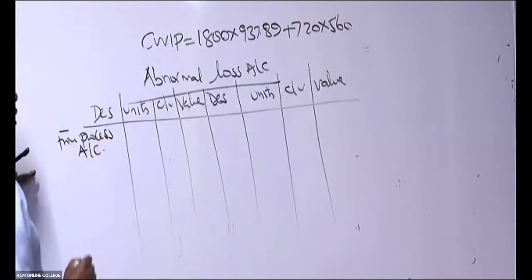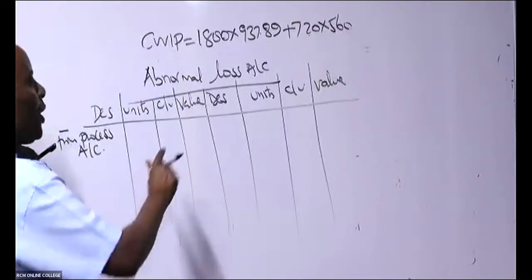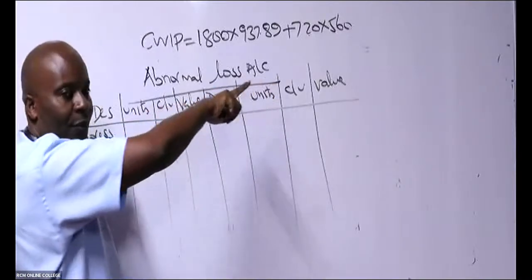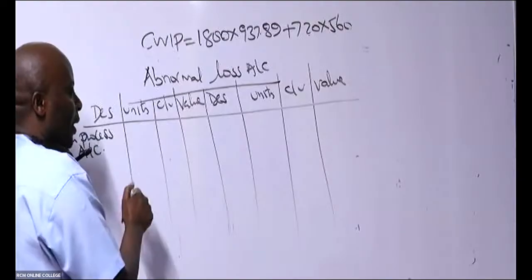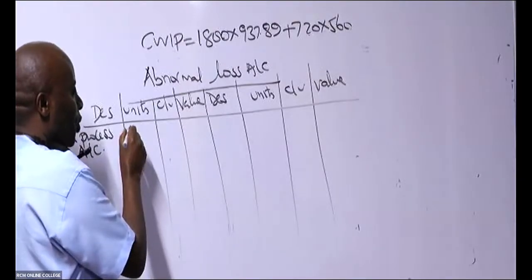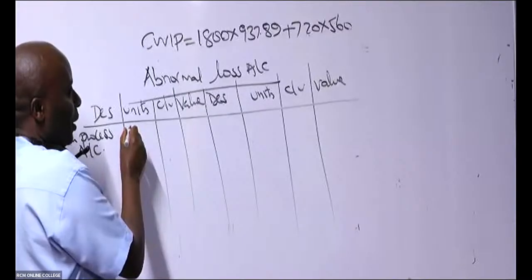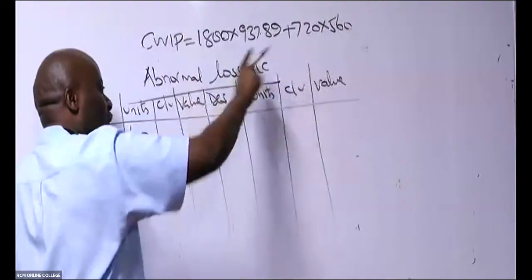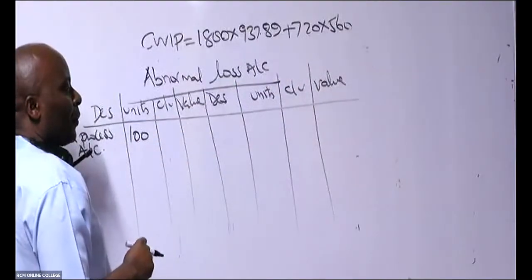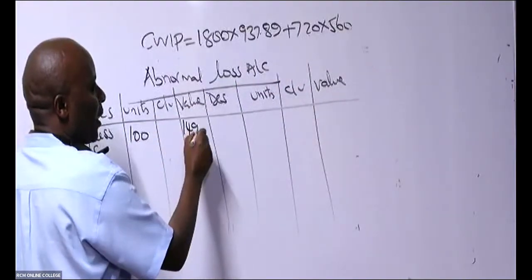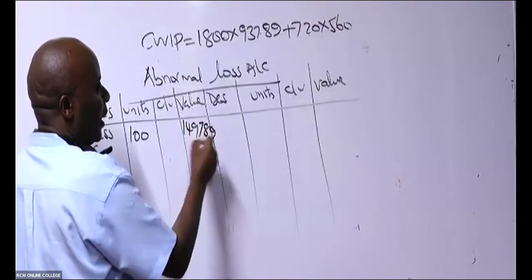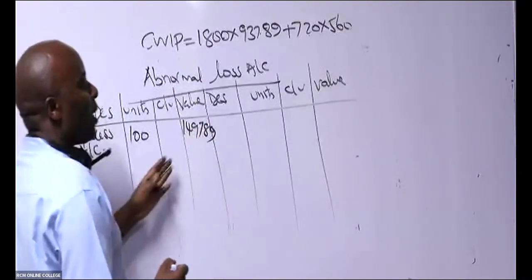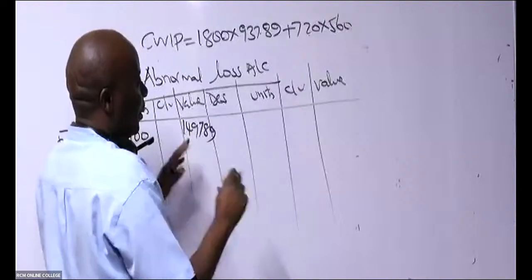So from the process account, you are able to see that we credited abnormal loss. Now here we are debiting, isn't it? How many units of abnormal loss? 100, right? Are you able to remember the total value from the process account that I've just written here? 149,789.